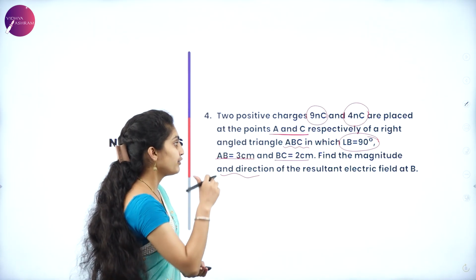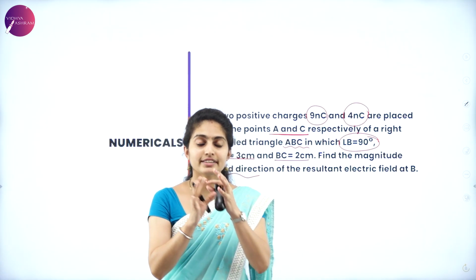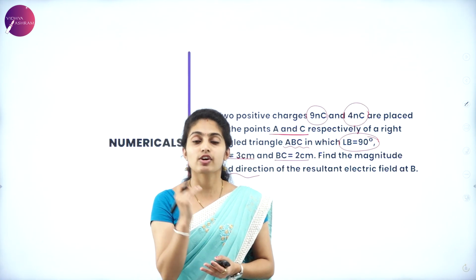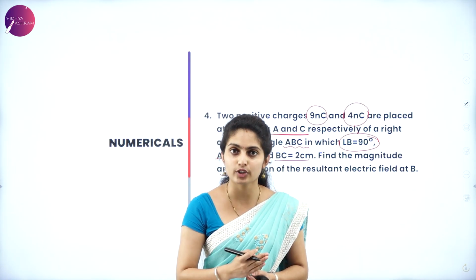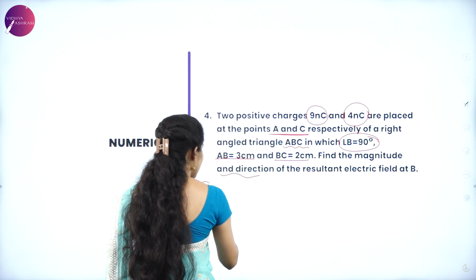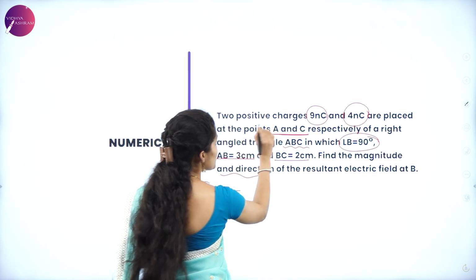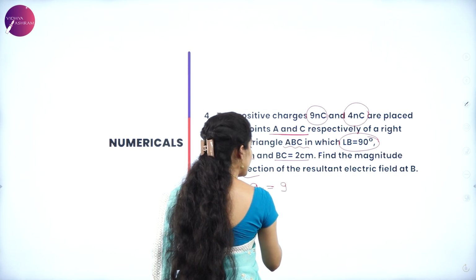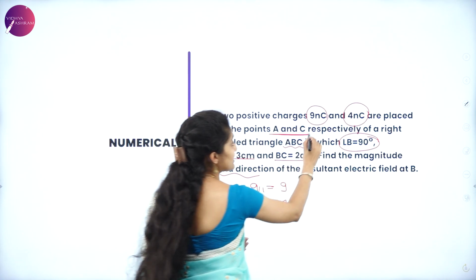Okay, so now for finding out magnitude and direction, let us just sketch the diagram of how exactly it looks. According to the sketching of the diagram, we will get to know which formulas are to be used in order to check the magnitude and direction. So write the given terms now. Given two positive charges, so Q1 is positive, 9, Q2 is also positive, 4.